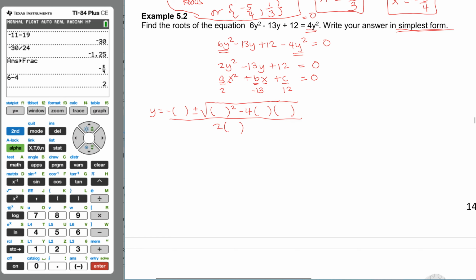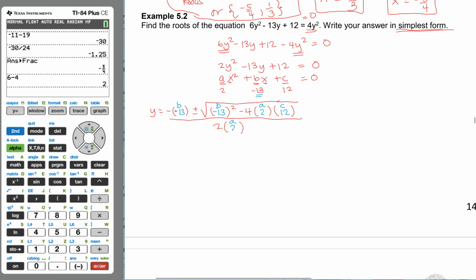I'll write down here the letters. So this is our b, this is our b, this is our a, c, and this is your a, just to remind yourself. So b is negative 13, a is 2, c is 12.